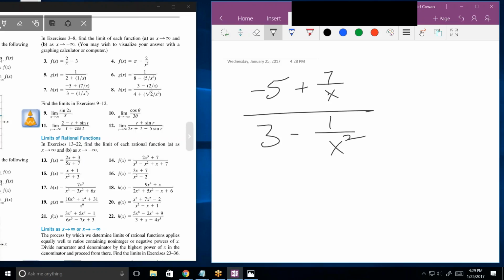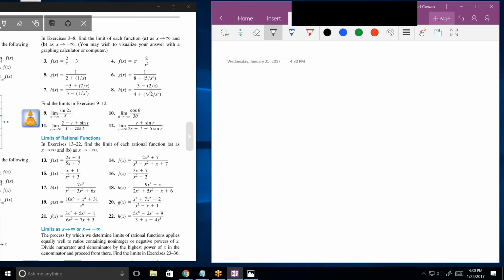Positive infinity, what's it go to? Negative 5 over 3. Negative infinity, what's it go to? Negative 5 over 3. Yeah, you'd think they would give us one that doesn't go to the same exact thing for positive and negative infinity, but so far we haven't seen it. 11 and 12 look somewhat difficult.